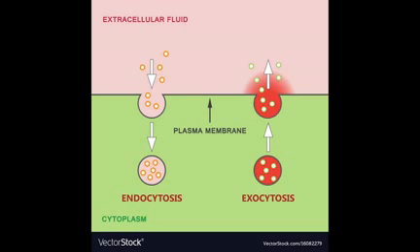These enzymes, hormones or antibodies are transported across the cytoplasm to the surface of the cell and then released into the environment around the cell by reverse pinocytosis or phagocytosis. So that's all about endocytosis and exocytosis.